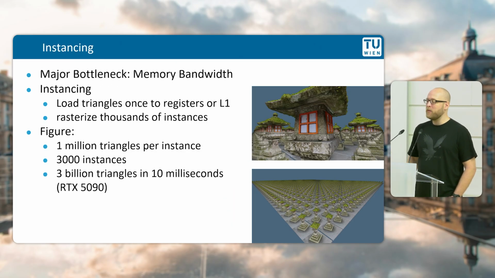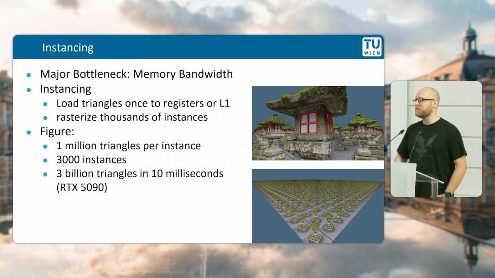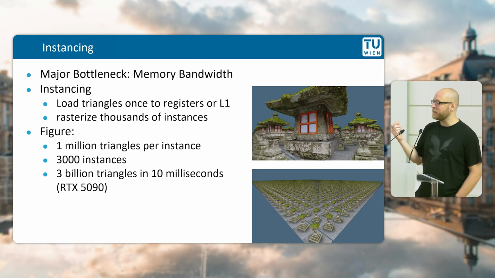So at that point, the major bottleneck might usually be memory bandwidth. So if you have small triangles, we don't need much compute power to actually render them. But we might still have to do a whole lot of vertex and index data loading. And one way to improve this would be compression, but another way is instancing.